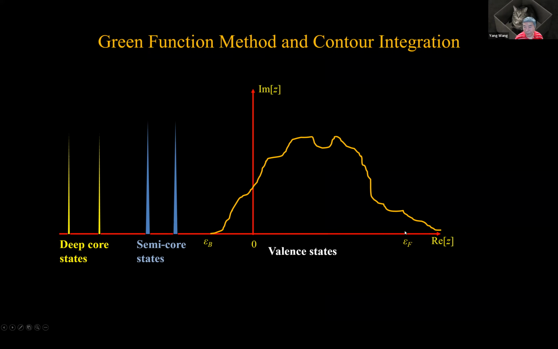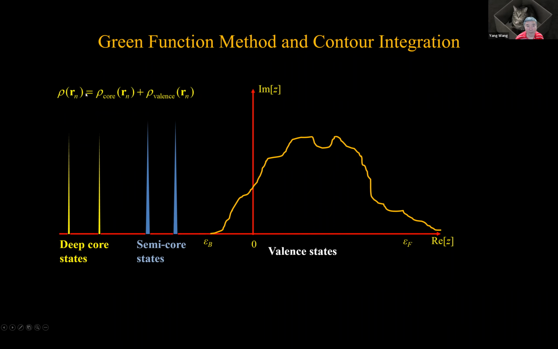We are only interested up to the Fermi energy. Below the valence band will be the semi-core and the deep core states. Those will be calculated with a different technique, which is not what we are worrying about here. I think I talked about this before. We get the core density of states using a different technique, and for this part we use the Green's function technique to calculate the valence density of states.